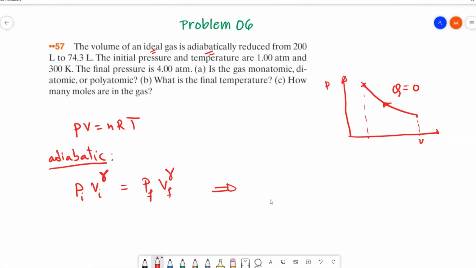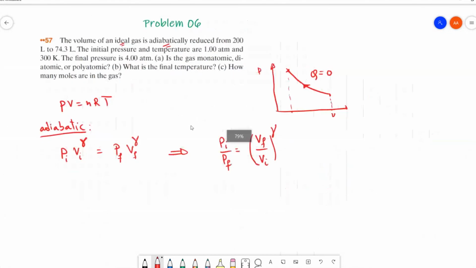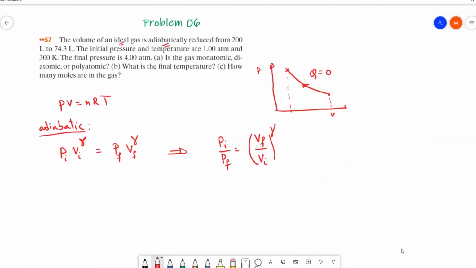So I will write P_i over P_f is equal to V_final over V_initial, all to the exponent gamma. I will take the logarithm of this one. My objective is to get gamma.